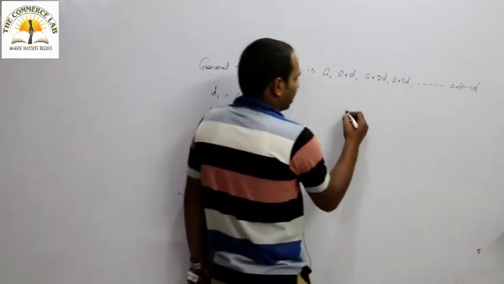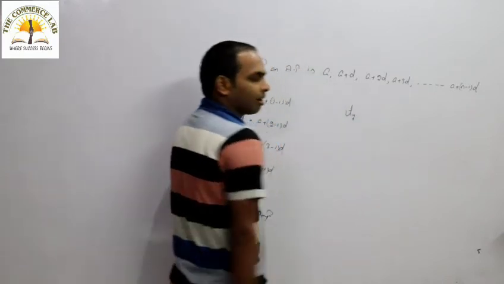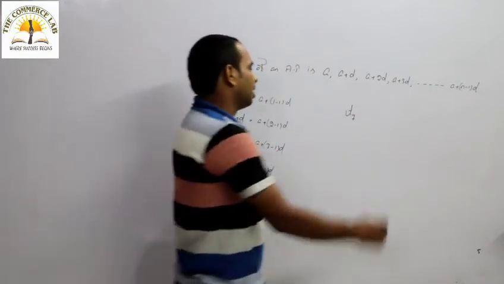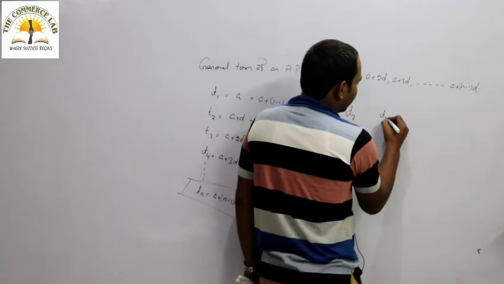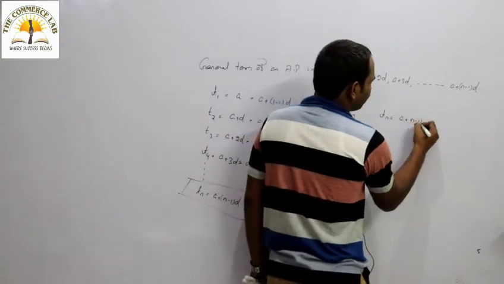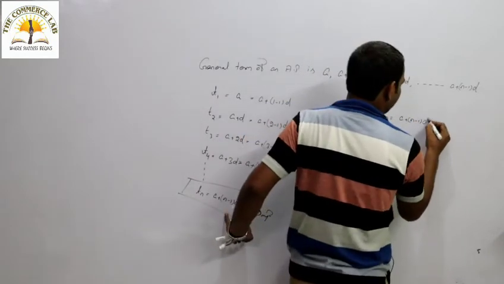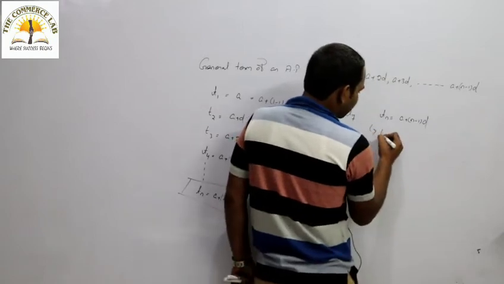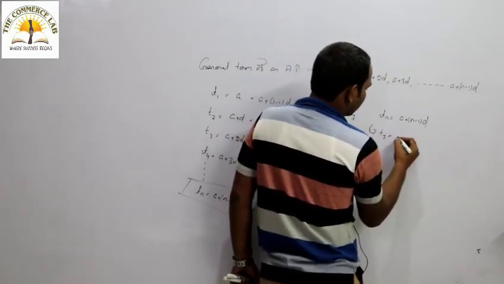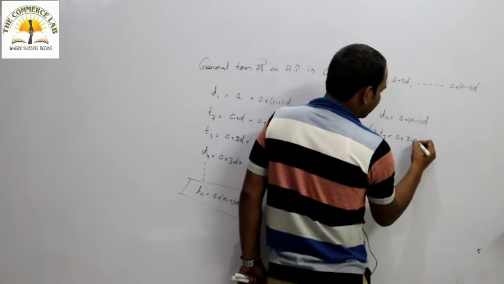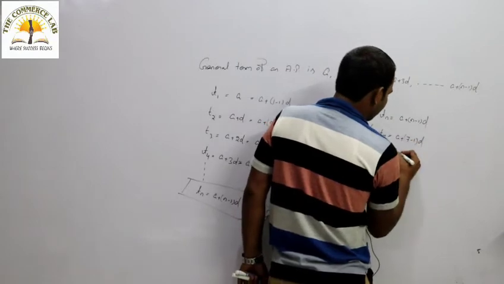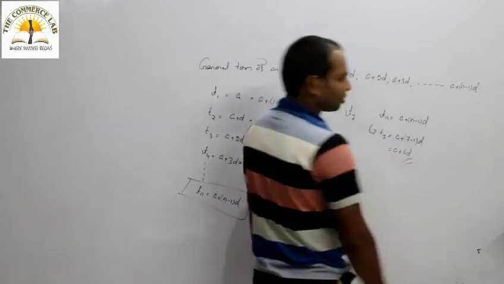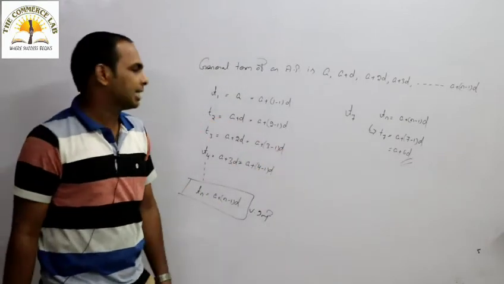Let's find out T7. We know Tn equal to a plus n minus 1 into d. So to find T7, n equal to 7, 7 minus 1 into d, a plus 6d. So T7 is a plus 6d.